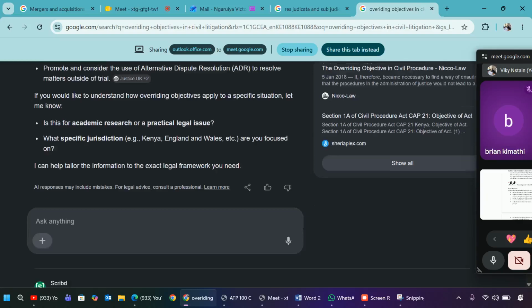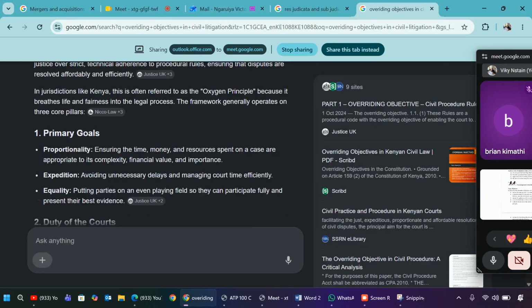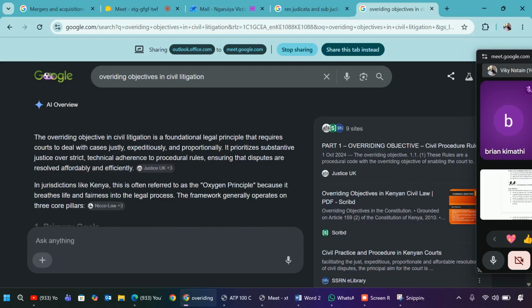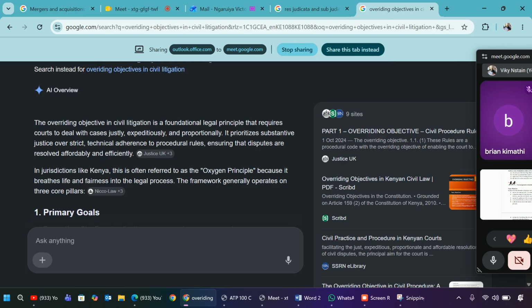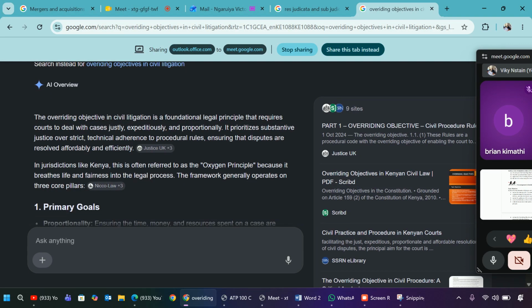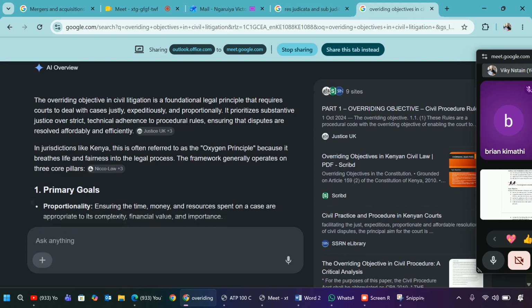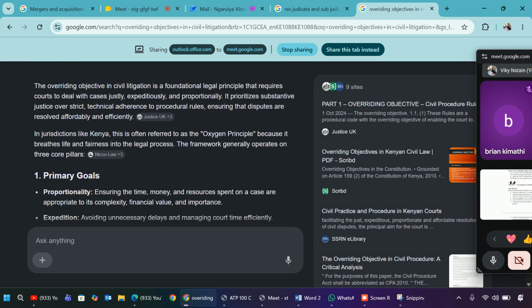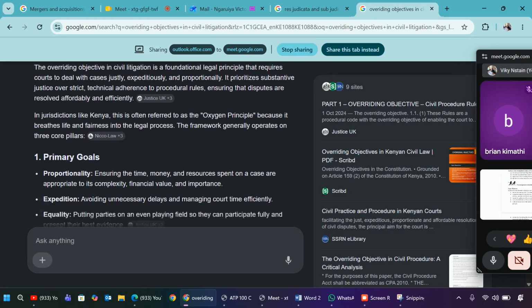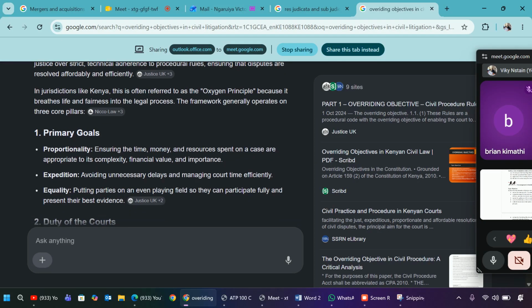So generally, overriding objective in civil litigation is a foundational legal principle that requires courts to deal with cases justly, expeditiously, and proportionally. It prioritizes substantive justice over strict technical adherence to procedural rules, ensuring that disputes are resolved affordably and efficiently.